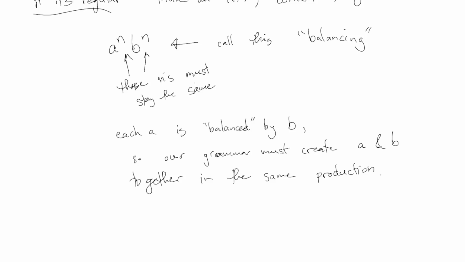This is the only way you can be sure that there's going to be a matching amount of A's and B's, is if every time you make an A, you automatically make a B at the same time. All right? Because if you let one step of the grammar make an A, but then the B comes from a different step, then it might get messed up if you do the one step twice or something like that. You have to make them at the same time, all right?